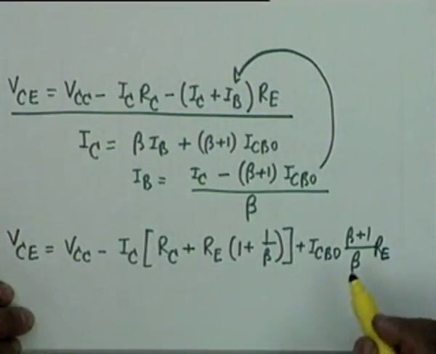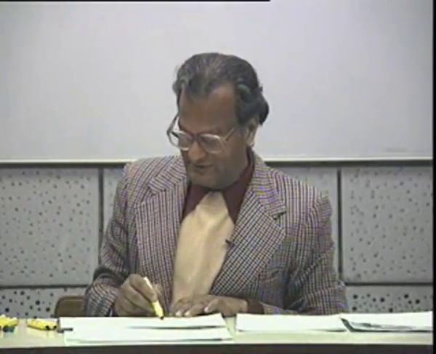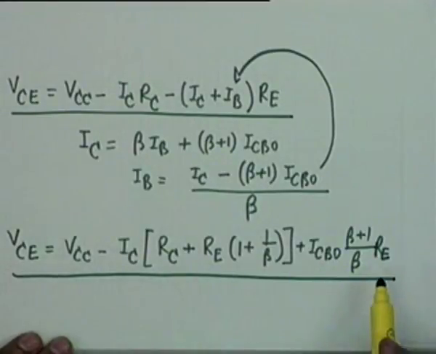RE, I think so. IB multiplied, yes, that is correct. So this is my equation. Is the whole equation visible on the monitor? Whole equation including this part?